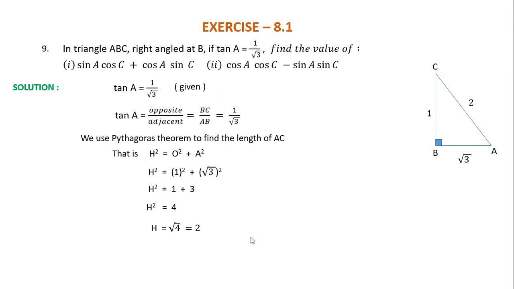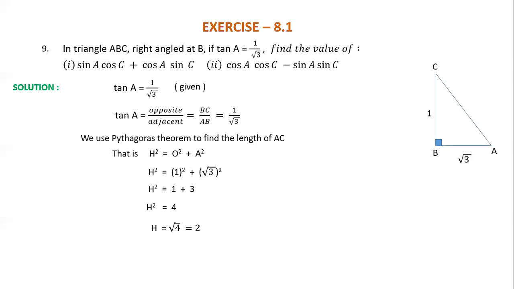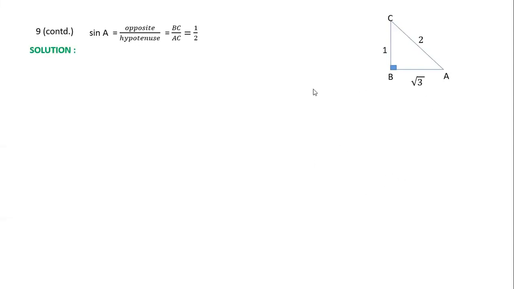Now, this is the figure. Now let's calculate sine A. Sine is what? Opposite upon hypotenuse. Opposite is 1, hypotenuse is 2. So it is 1 by 2.